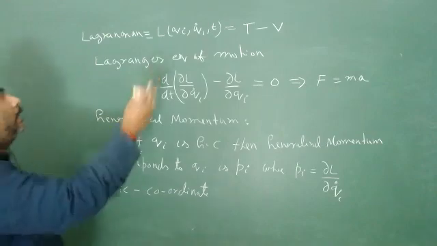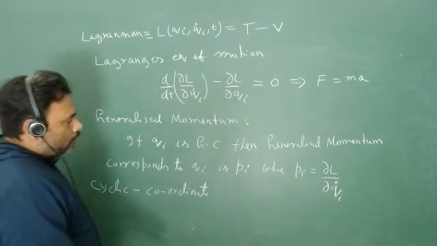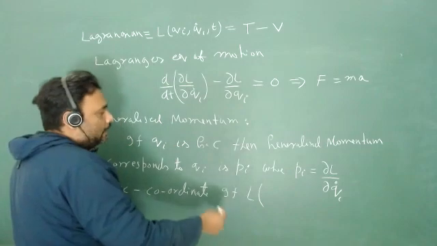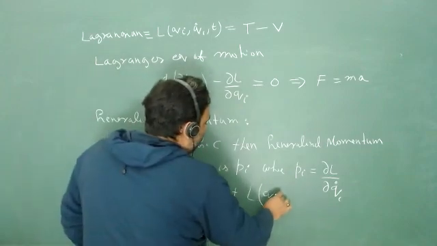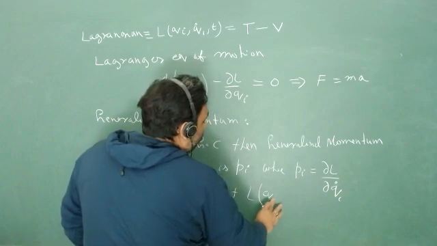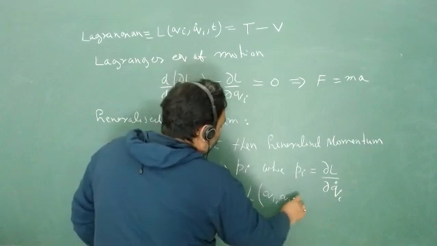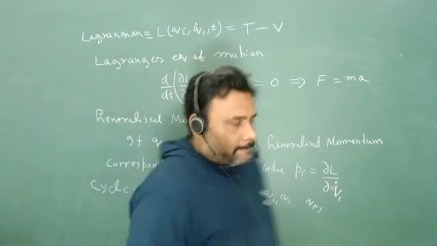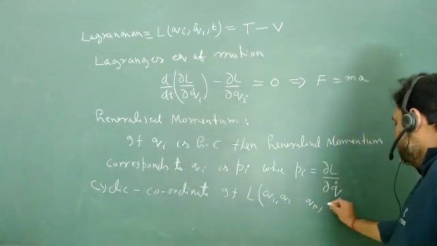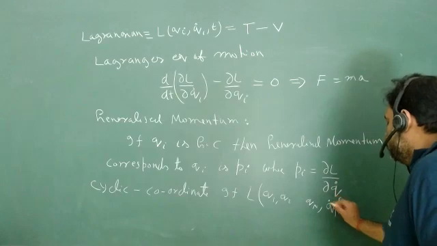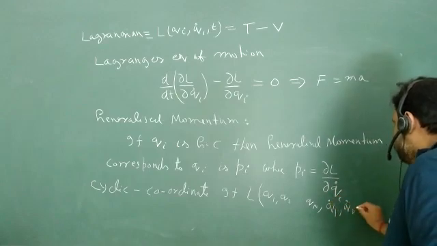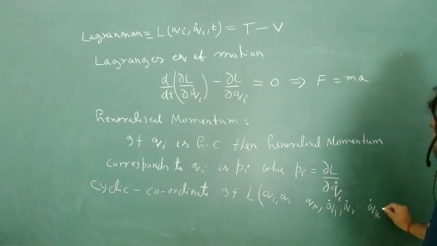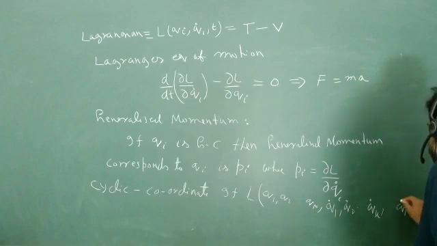You can have more than one generalized coordinate. So if I have a Lagrangian, it can be a function of generalized coordinates, let's say q1, q2 up to qn, and it is also a function of q1 dot, q2 dot, and qk dot, as well as up to qn dot.